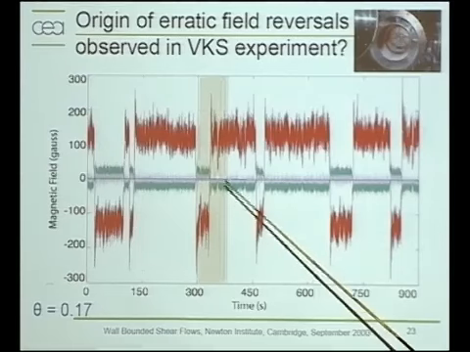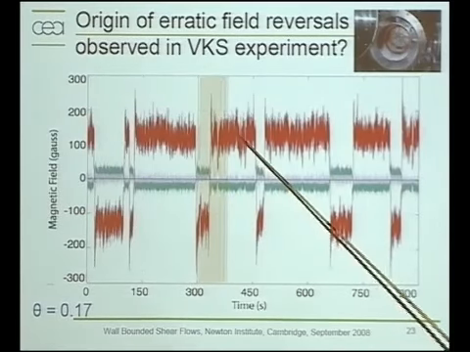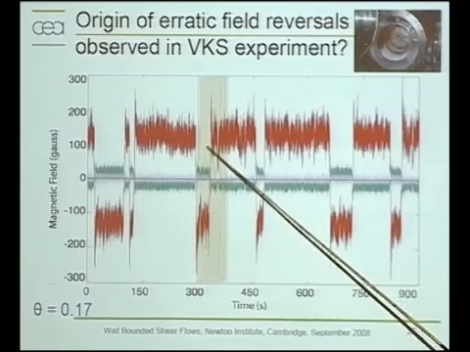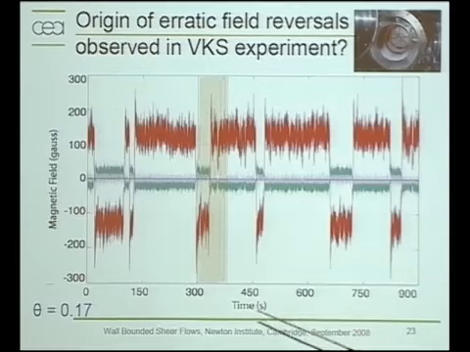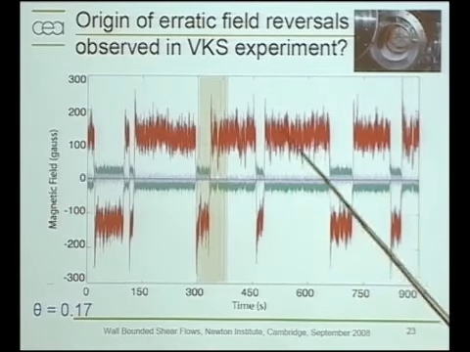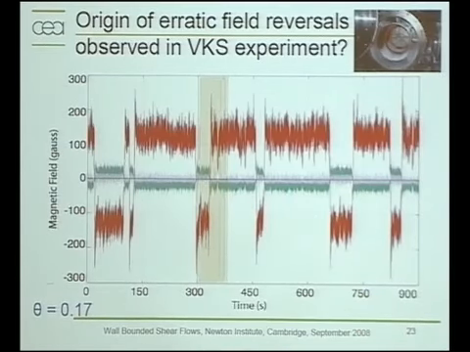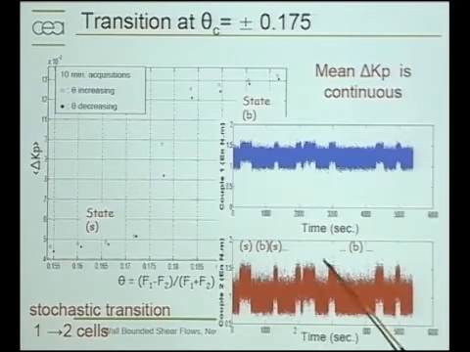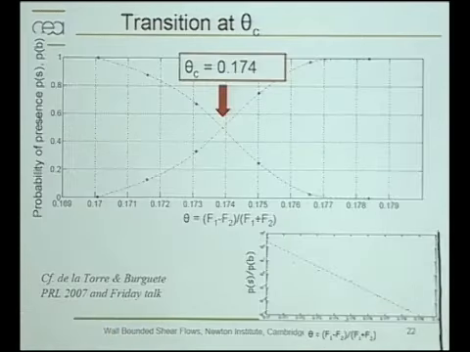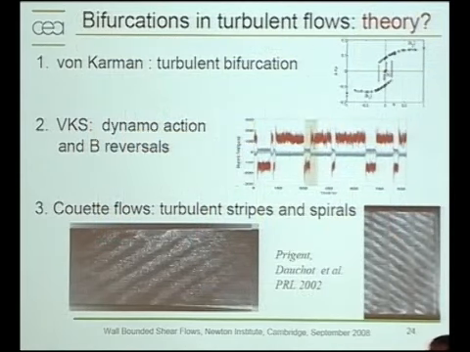And second, depending on the rotation of the two propellers, for a difference of rotation of the two propellers around this critical theta, what we see is these erratic reversals of the magnetic field. This is the magnetic field as a function of time. And what we see is this very slow dynamics, which seems to be very reminiscent of the dynamics I showed you before on the hydrodynamic state.